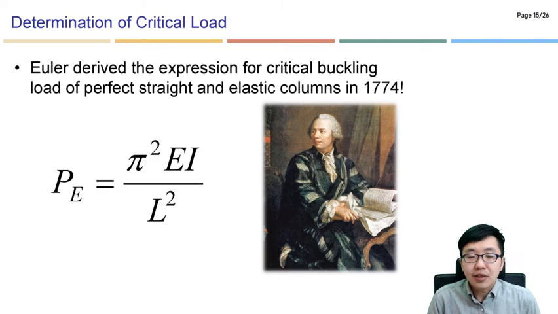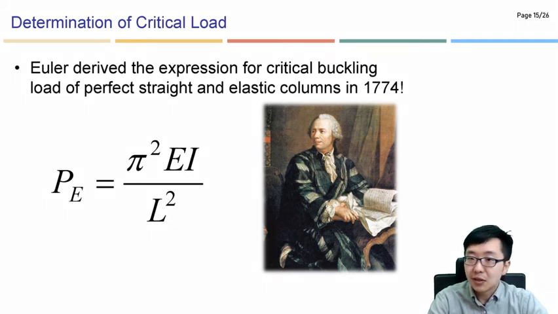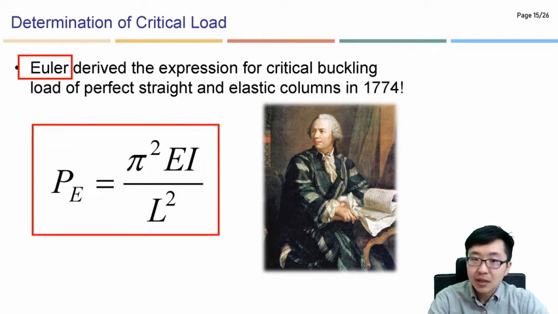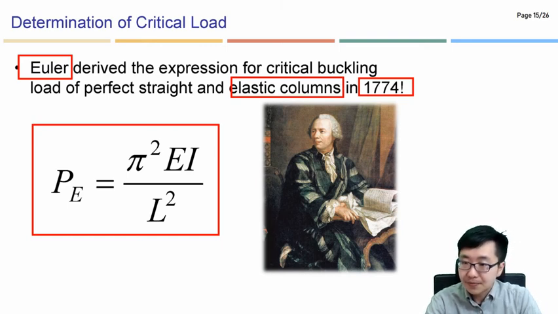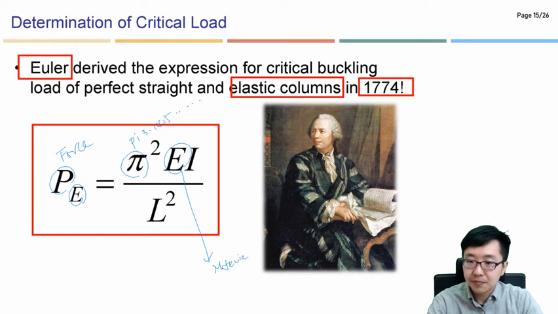So determination of critical load, how are we going to calculate it? One of the famous scholars, Euler, derived brilliant equations almost 250 years ago to solve the elastic column subjected to axial compression. Basically, you see here, PE represents the elastic buckling force, and pi is 3.1415, something like that, and E represents the material elastic modulus.